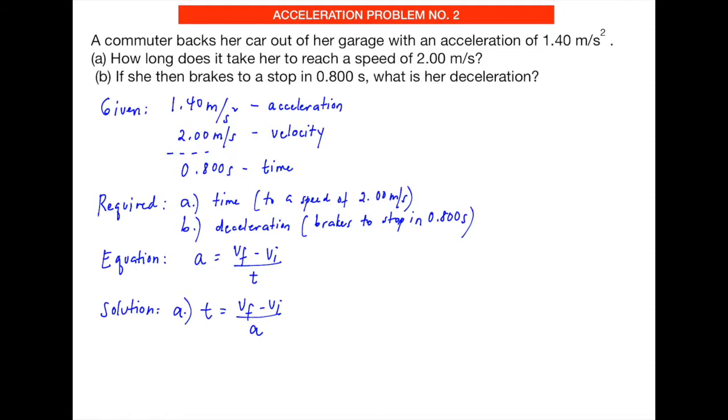So, from here we have A equals Vf minus Vi over time. Since we are looking for time, we multiply both sides by time. We have A times t, that is Vf minus Vi.